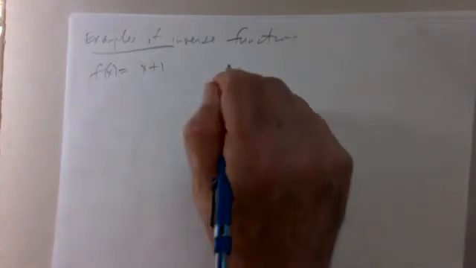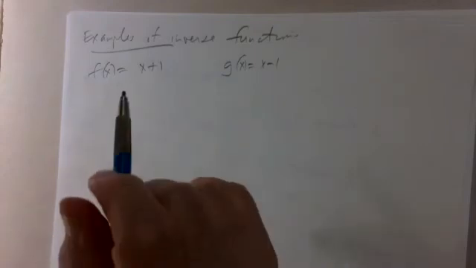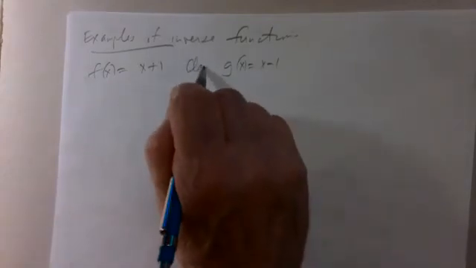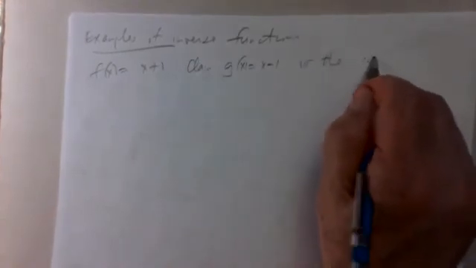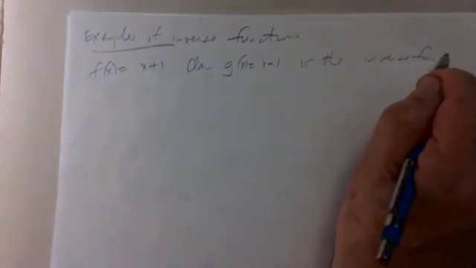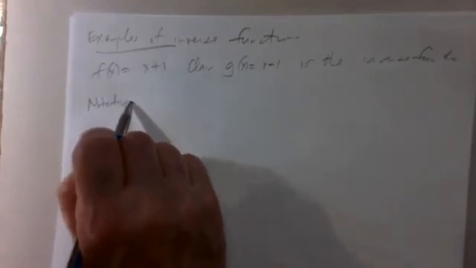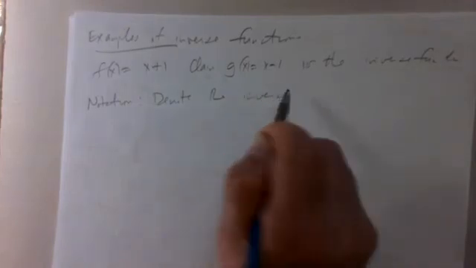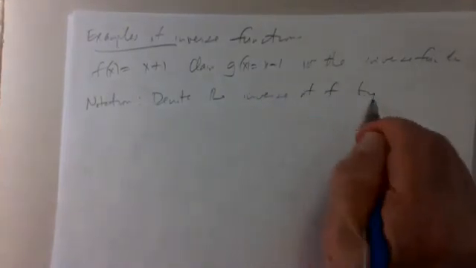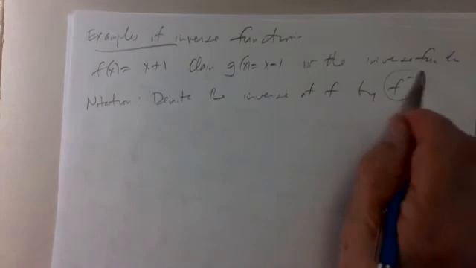I claim that the inverse is g of x equal to x minus 1. I claim this is the inverse function. And we often denote the inverse of f by f to the power minus 1. So this doesn't mean 1 over f, this means the inverse of f.